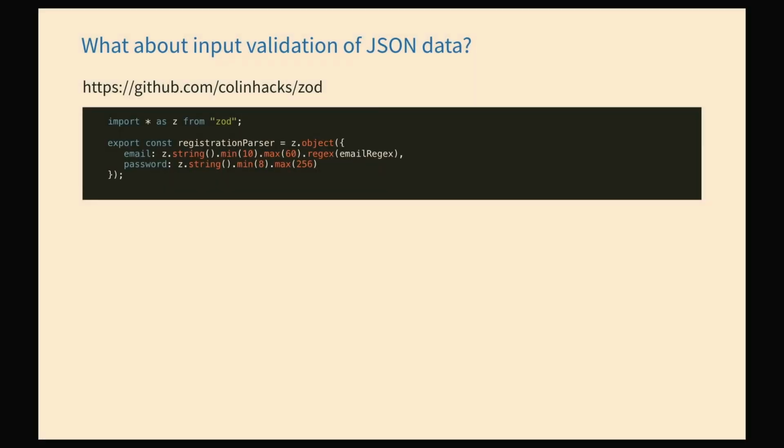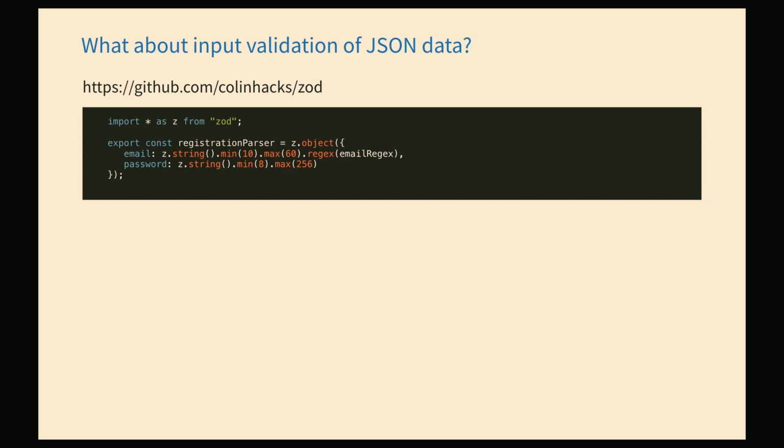Now, for input validation in TypeScript, there is a super nice library called Zod. It has all kinds of features for creating chained validators. In this case, we have a parser that takes an email and a password, and both of them are going to be strings. One is going to have a minimum length of 10, a maximum length of 60, and match some kind of email regex.